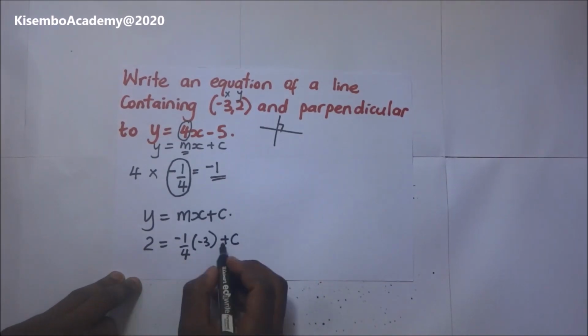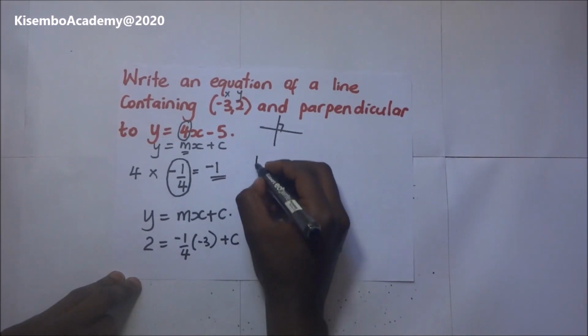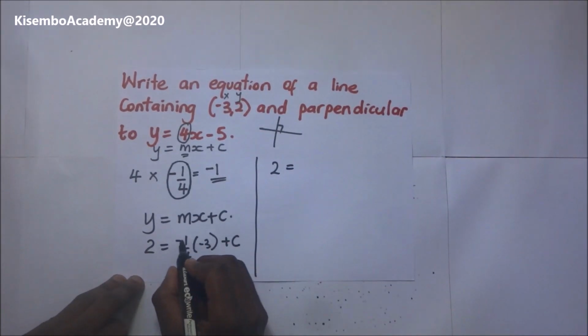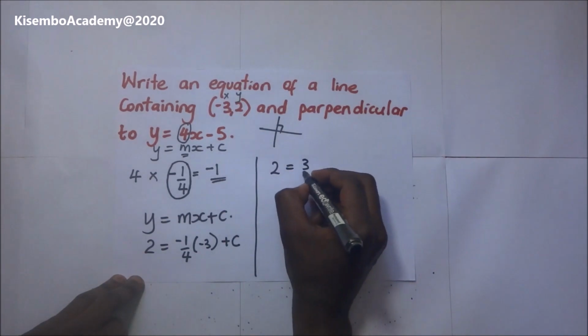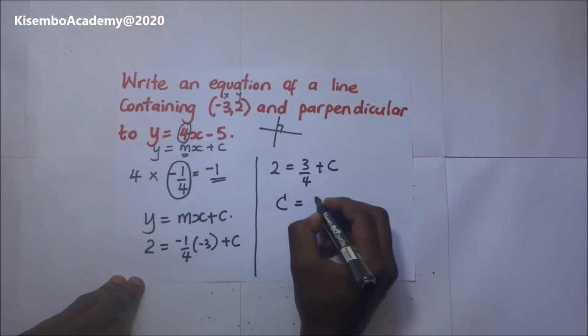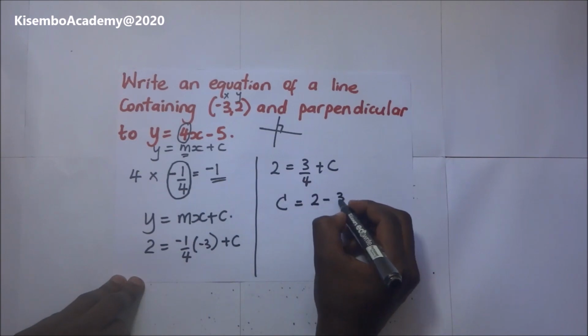So we go ahead and find the value of c. This becomes 2 is equal to negative 1 times negative 3, which is positive 3 over 4, plus c. Our value of c in that case is going to become 2 minus 3 quarters.